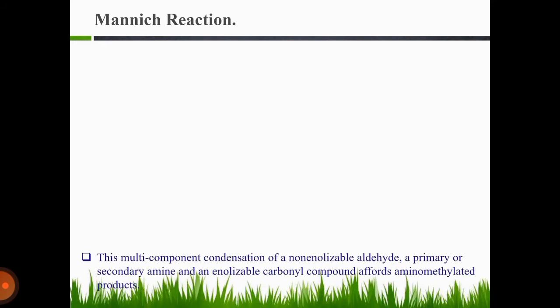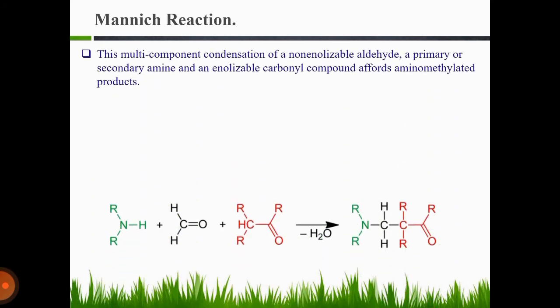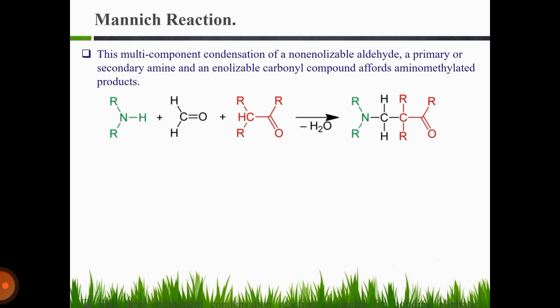Let's look into a second reaction where the enamines are involved. That is Mannich reaction. In Mannich reaction, it is a multi-component condensation of a non-enolizable aldehyde like formaldehyde, a primary or secondary amine, what we have seen till now, any secondary or primary amine, and an enolizable carbonyl compound.